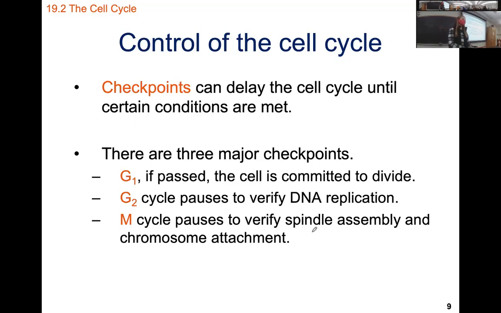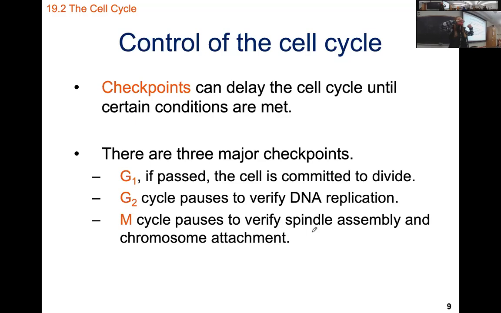Then you have the M checkpoint, which pauses to verify the spindle assembly and the chromosome attachment. And we'll see a picture here in a couple of slides. There's also one in your book. When I see the word spindle, I think of spindle fibers, because that's what it is. And the spindle fibers kind of look like webbing, not really webbing, but kind of like strings.